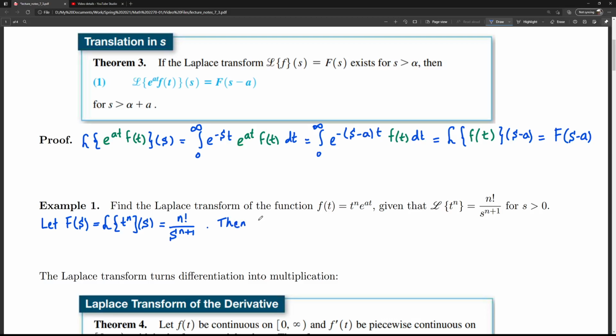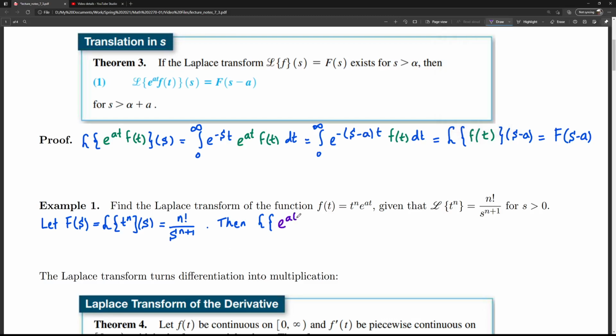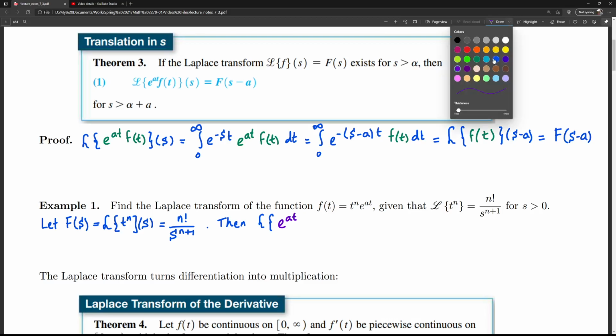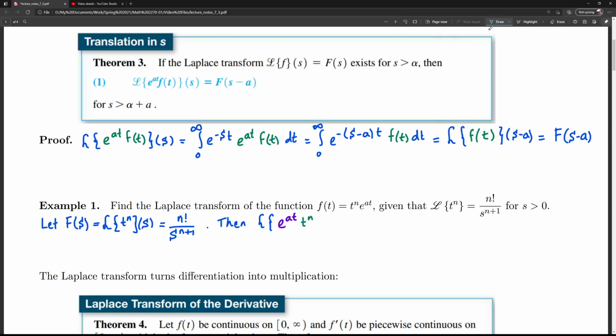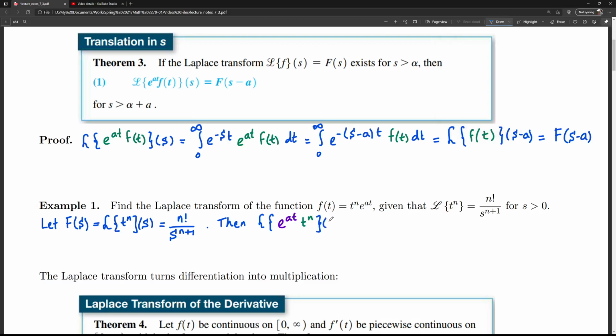So then the Laplace transform of e to the power at times t to the power n, at s, is given by F of s minus a.